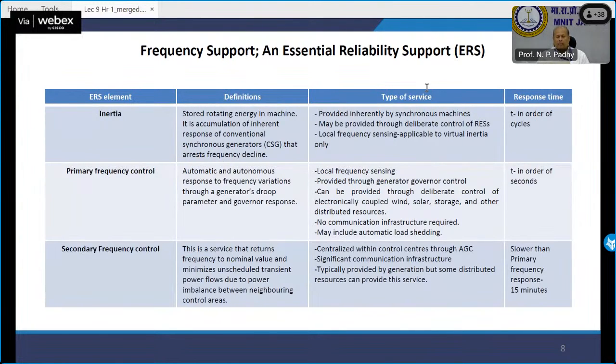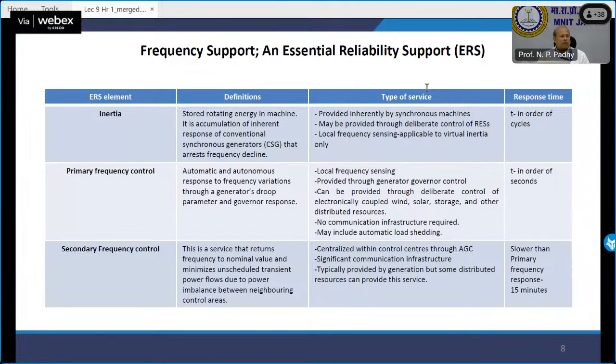All right, good. So frequency support, an essential reliability support, ERS. So it is inertia, primary frequency control, secondary frequency control. You can see different definitions. For example, inertia definition: stored rotating energy in machine. It is accumulation of inherent response of conventional synchronous generation that arrests frequency decline.